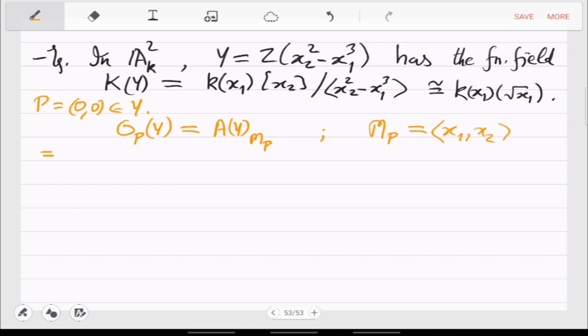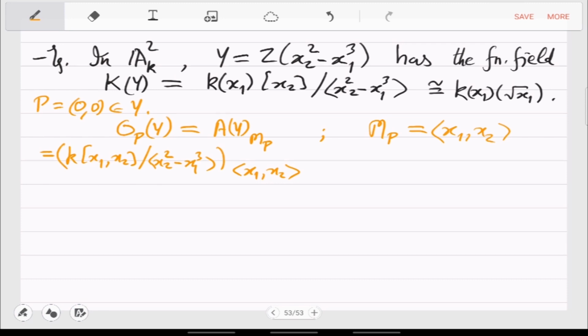So this will come out to be K, the polynomial ring modulo this ideal, and then you localize it at the ideal x1 comma x2. So it looks complicated, but if you unfold that definition, it won't be so complicated.